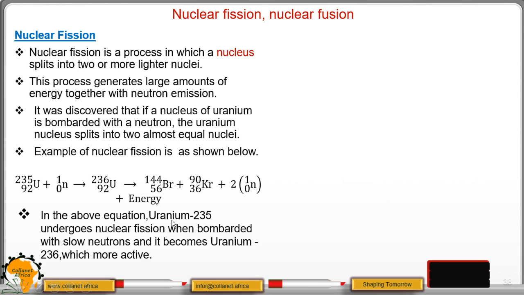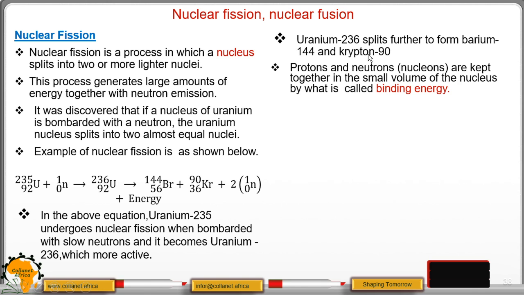In this equation, the uranium undergoes nuclear fission, that is splitting, and when that happens, the uranium-236, which is a radioactive substance, will further split to form barium and krypton. That way, we are able to get 2 nuclei, energy and neutrons.